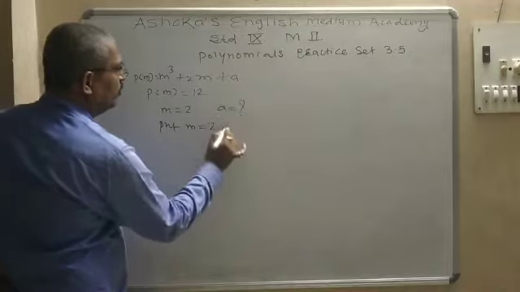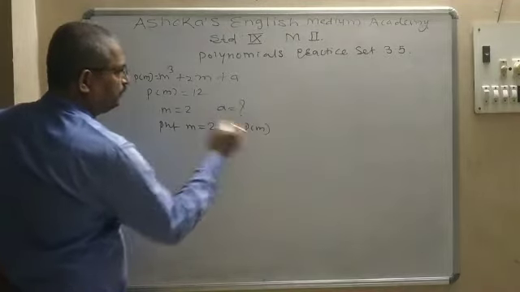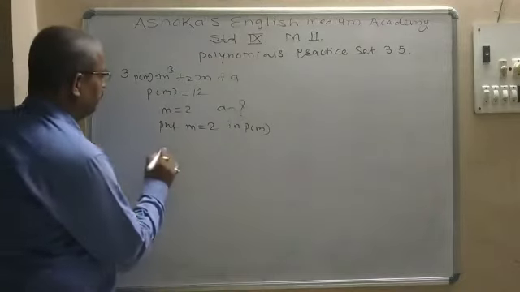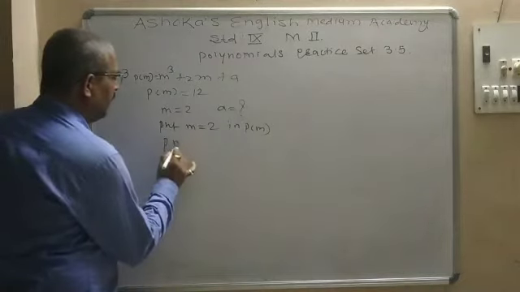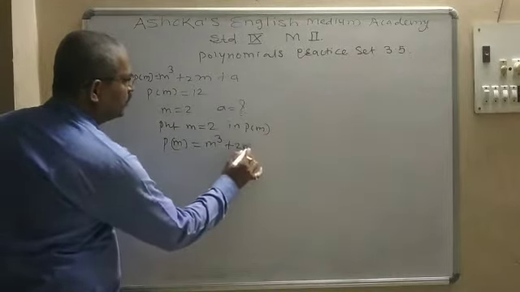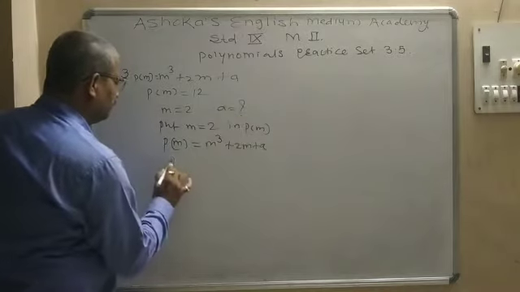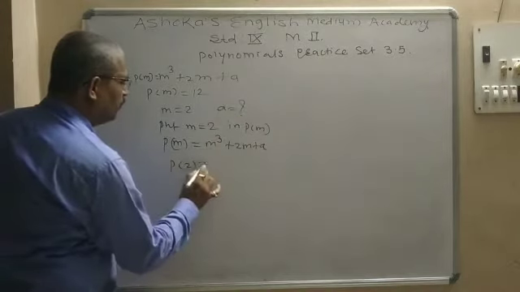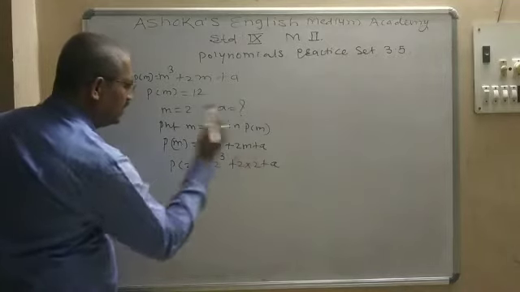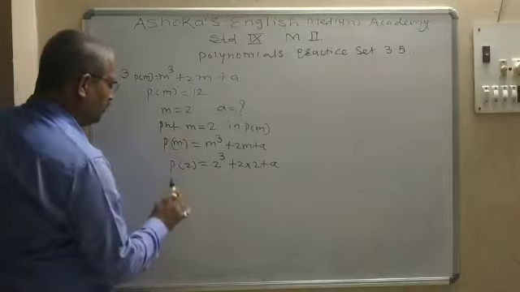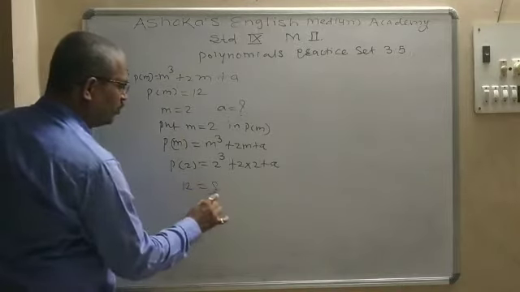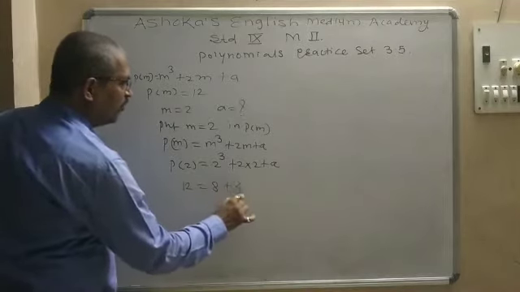Look here, put m is equal to 2 in p(m). Then p(m) is equal to m cube plus 2m plus a. p(2) is equal to 2 raised to 3 plus 2 into 2 plus a. Then p(2) is 12. 2 cube is 8 plus 2 2s are 4 plus a.